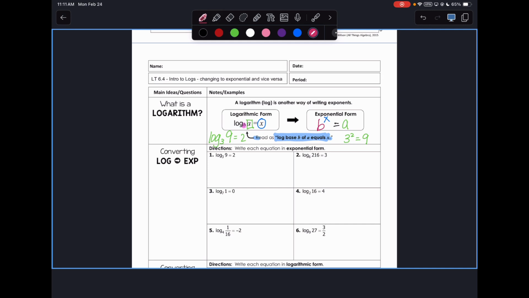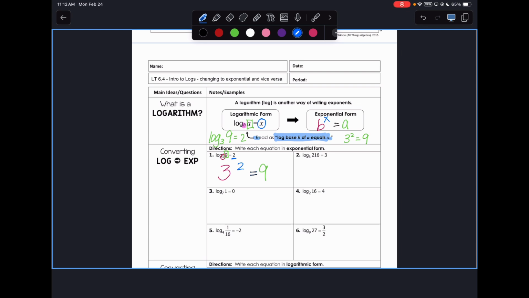We would write the 3 from the base of the log, and then we're going to put the 2 as the exponent, and that is going to equal what we're taking log base 3 of. So we're taking base 3, and this 9 is now what it's equal to. I tried to color code it so you can see each part.